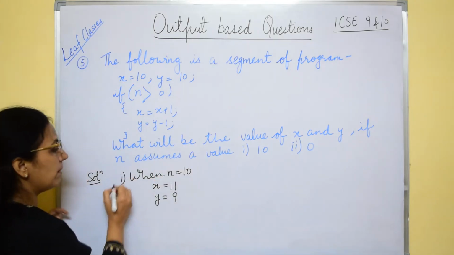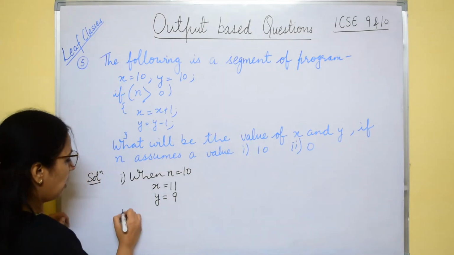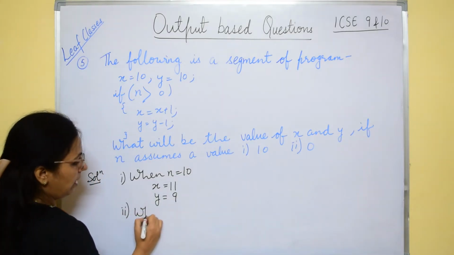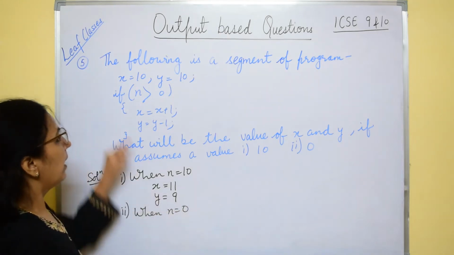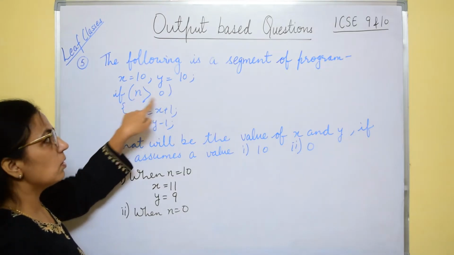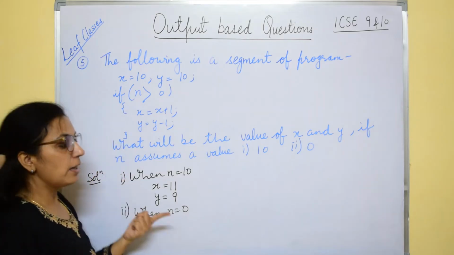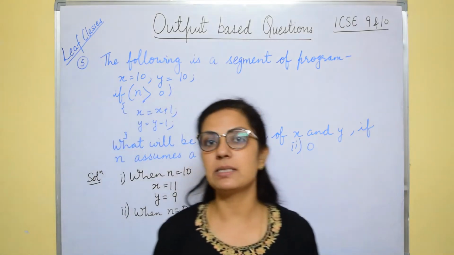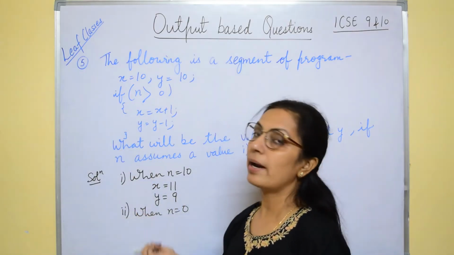So first time you will write like this, and second time you will write when n is equal to 0. Is 0 greater than 0? No, condition is false, so it will not come into the block. Now here only children make mistakes. Since it is not executing this part, they don't write the output.